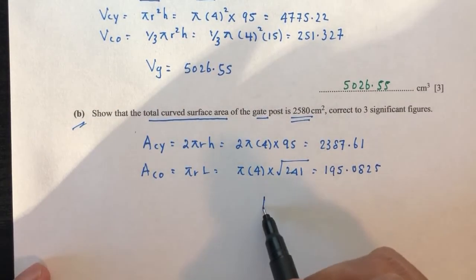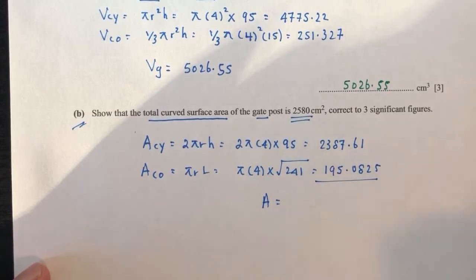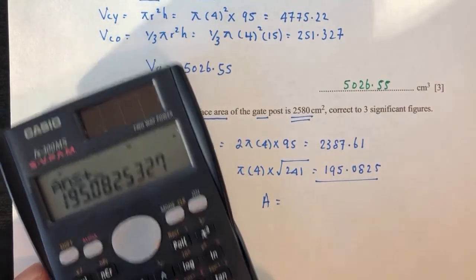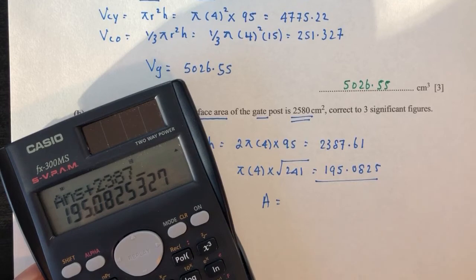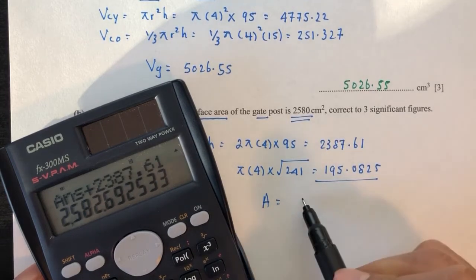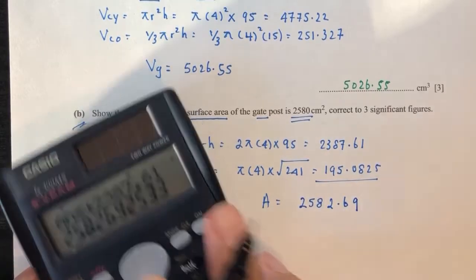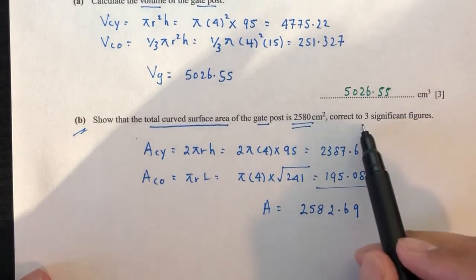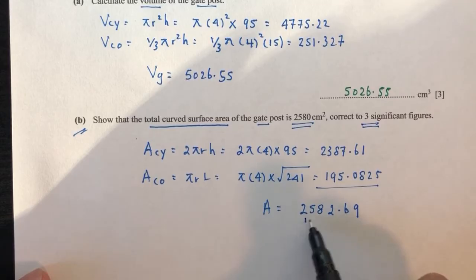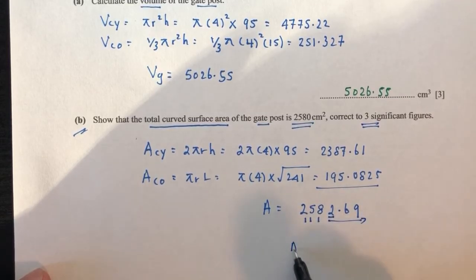So now if you add those two, 2387.61 plus that, it will be 2582.69. Now you have to give your answer correct to 3 significant figures. So 1, 2, 3, this one is less than 5, so it becomes 0. So your area will be 2580 centimeters square. Okay, this is your answer for part B.